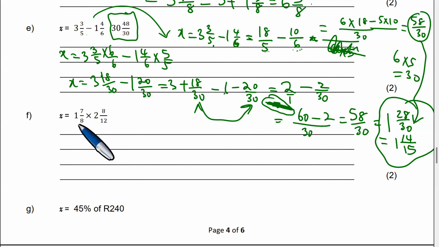Change it to an improper fraction. Yes. What's the answer? 1 and 7 over 8 as an improper fraction.